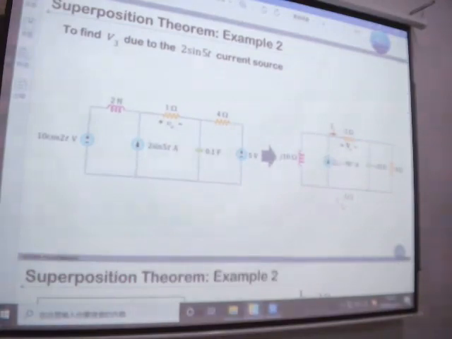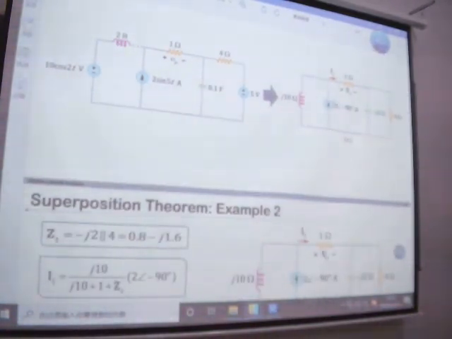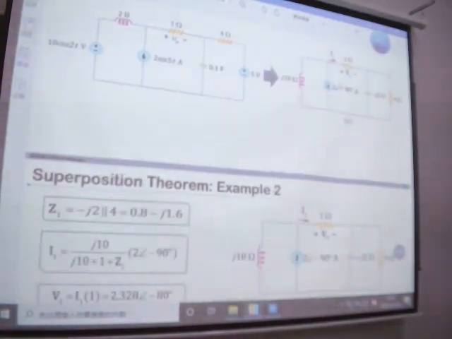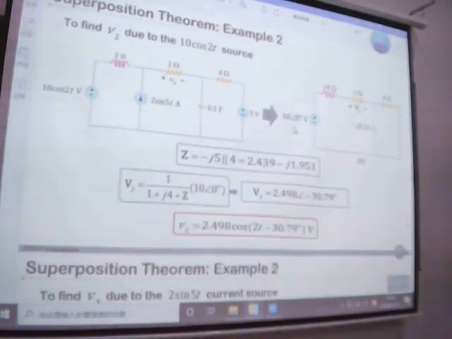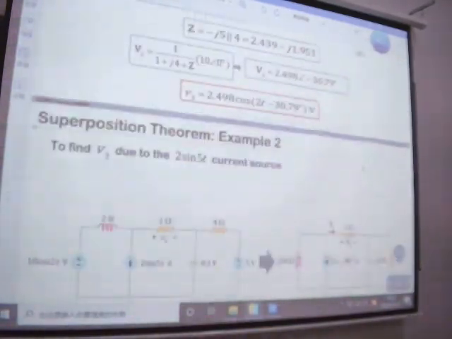Okay, now look at this one. It's still a pure impedance circuit, right? For this pure impedance circuit, we're going to see the voltage on the 1 ohm.